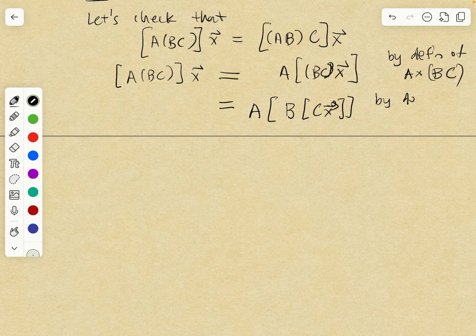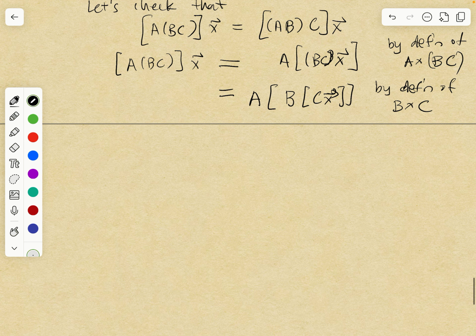So this is by definition of the matrix product B times C. Okay, now what I have is A times B times the vector Cx.